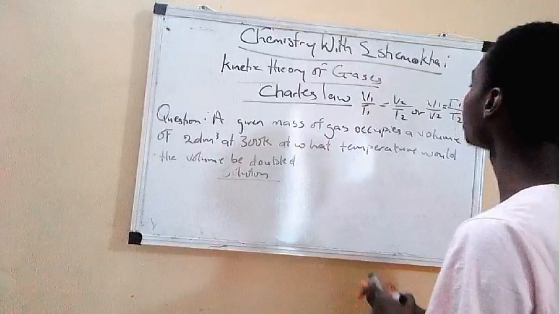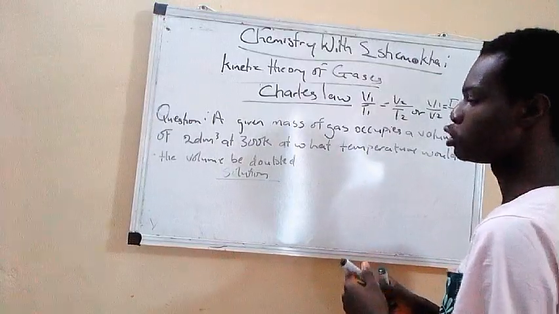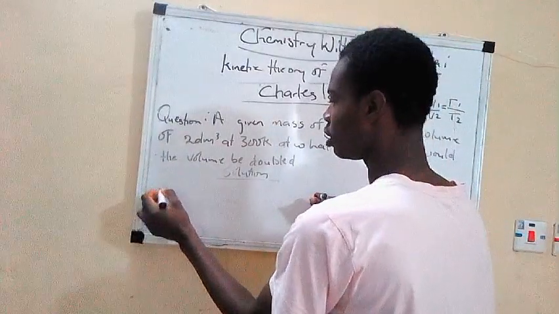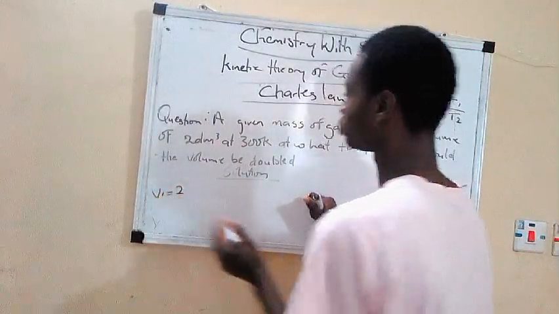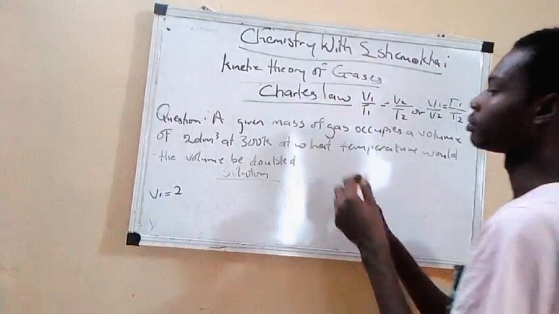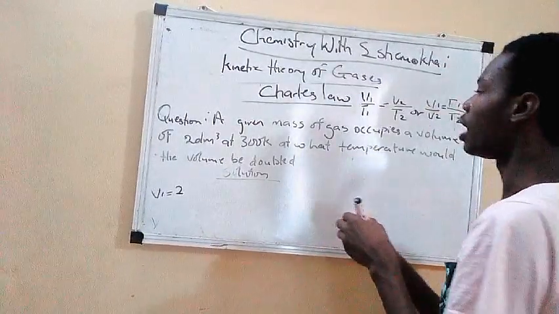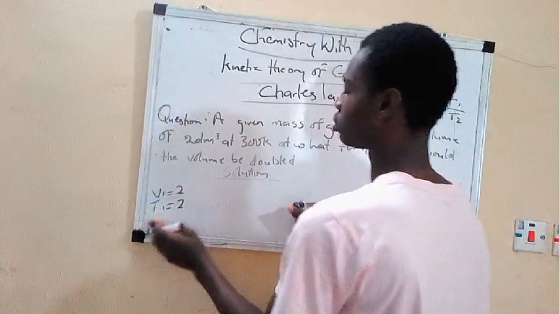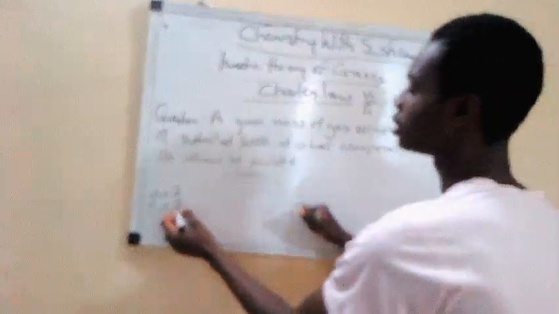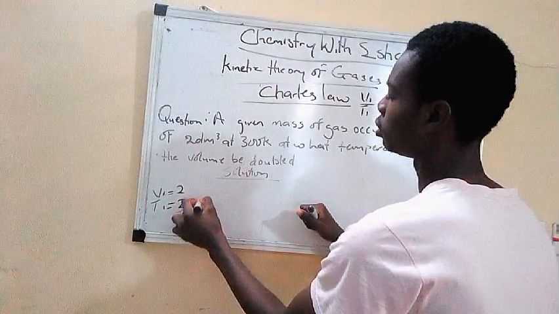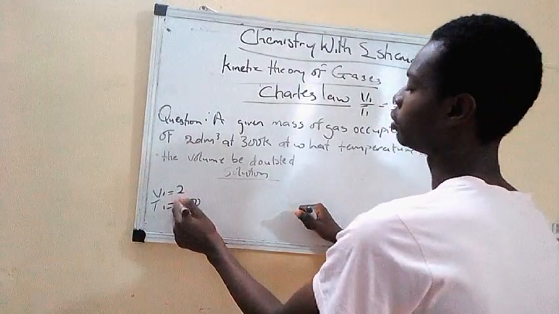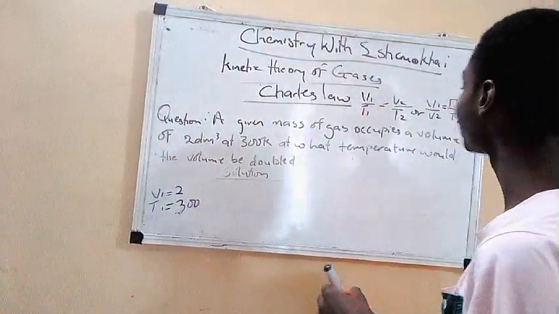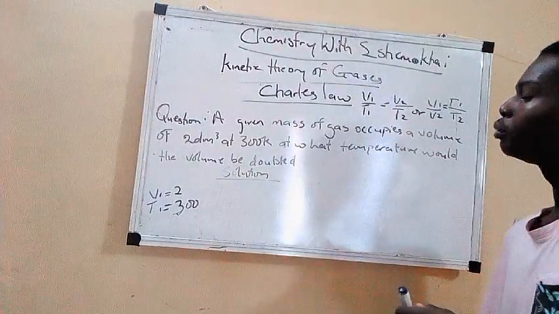A given mass of gas occupies a volume of 2 dm³. Now our V1 is given as 2. At 300 Kelvin, our T1 is 300. At what temperature would the volume be doubled?